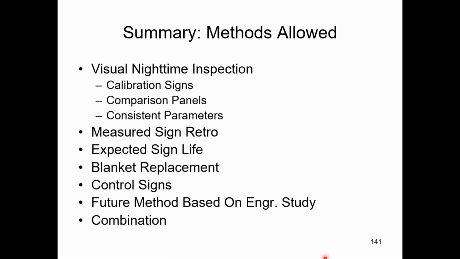But what I would say, especially under the future or the combination, make sure you document what you're doing and why you're doing it in case there would be tort claims filed against the agency. You're able to show you did your due diligence and that your methods comply with the spirit of what the MUTCD calls for.